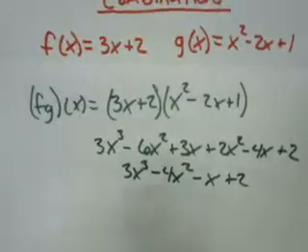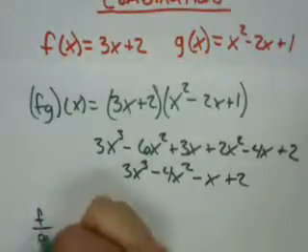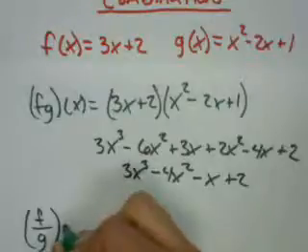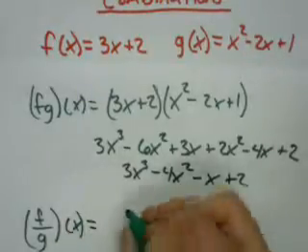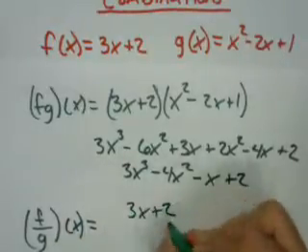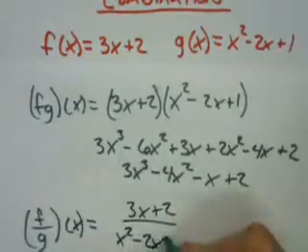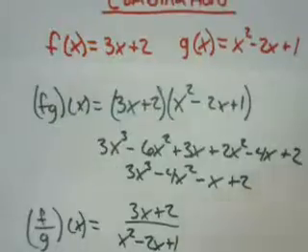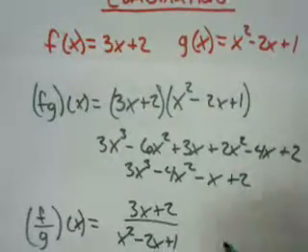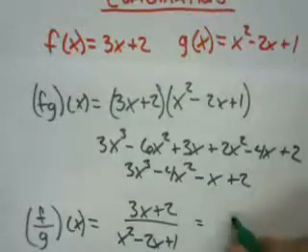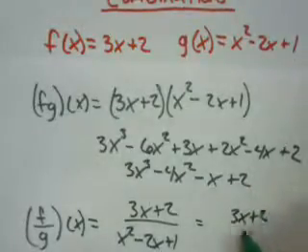Now here for our f over g, f divided by g of x, I just take 3x plus 2 and I put it over x squared minus 2x plus 1. Now one thing we've got to note is that you can technically sometimes simplify these, especially if something factors. In this case, the bottom can factor.